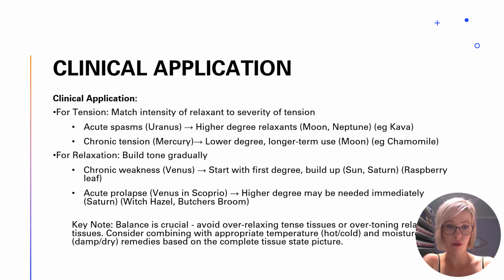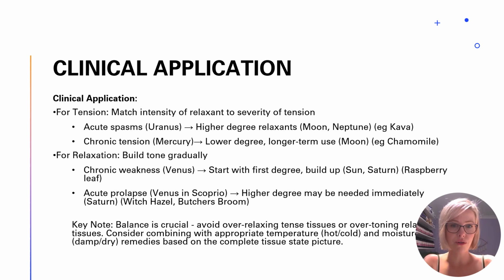But an acute prolapse, which is very Venus in Scorpio, a higher degree may be needed immediately, such as witch hazel. So chronic ongoing things tend to be treated lower and slower, whereas acute things, we may match the intensity and acute nature with something else that's quite intense and used for a short amount of time.